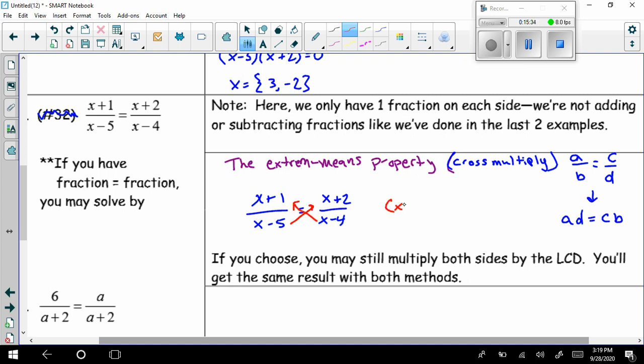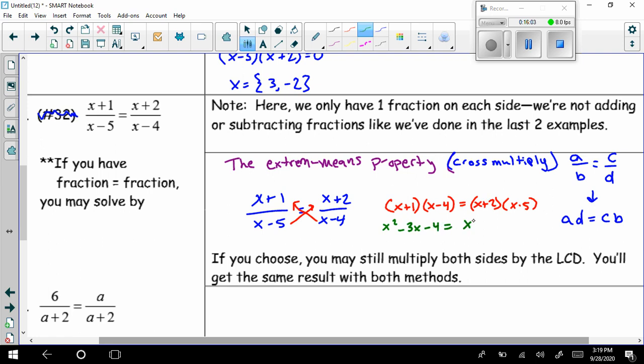So we have x plus 1 times x minus 4, which is equal to x plus 2 times x minus 5. And you will get the same answer if you still use the same method we were using above and multiplying that way. So this gives us x squared minus, here's 1x minus 4x is minus 3x minus 4.